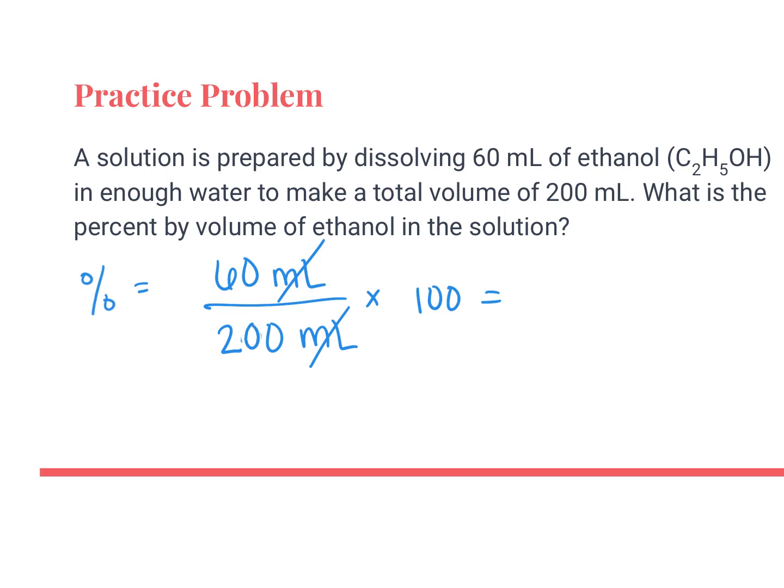So what's 60 over 200? 0.3, and then times that by 100. Good. So this comes out to 30%. So this solution is going to be 30% alcohol. So then what's the other 70%? Water. So it's 30% alcohol, 70% water.